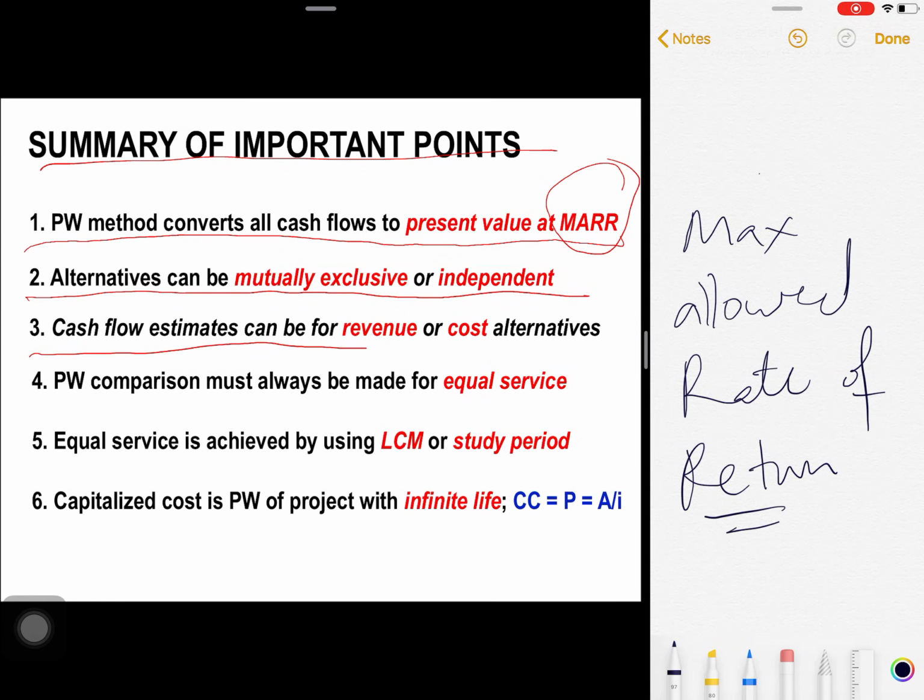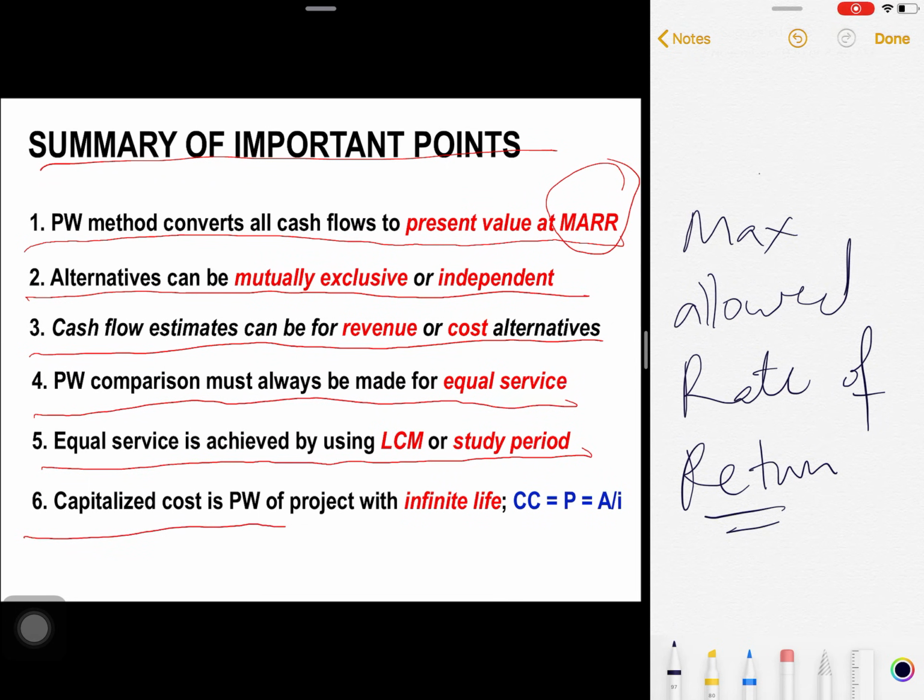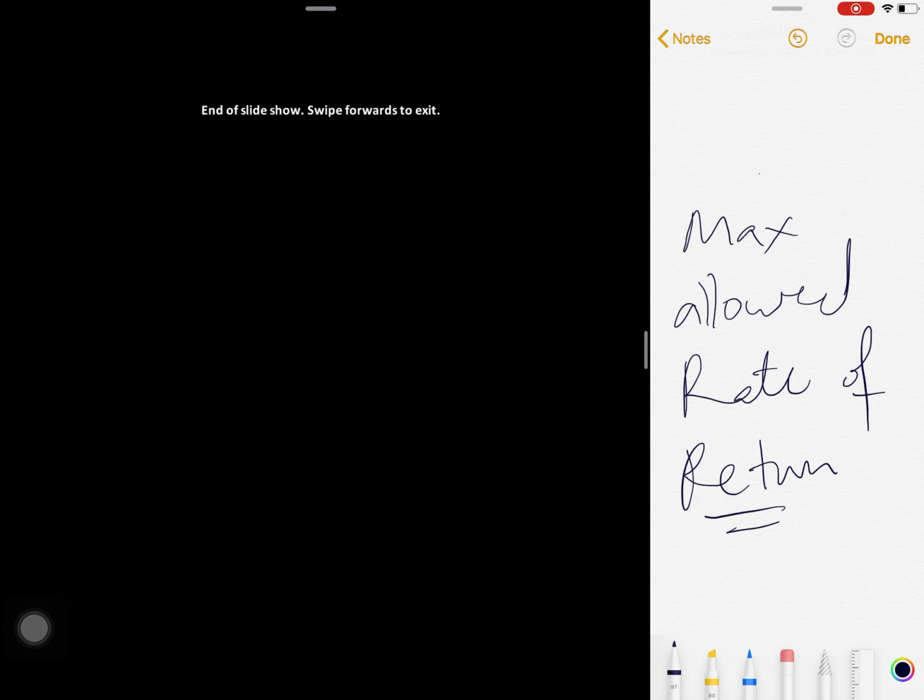An alternative can be mutually exclusive or independent. A cash flow estimate can be revenue or cost alternatives. PW comparison must always be made for equal service. Equal service is achieved by using LCM or study period. And the capitalized cost is PW of project with infinite life, where we can use CC equals P equals A over i.